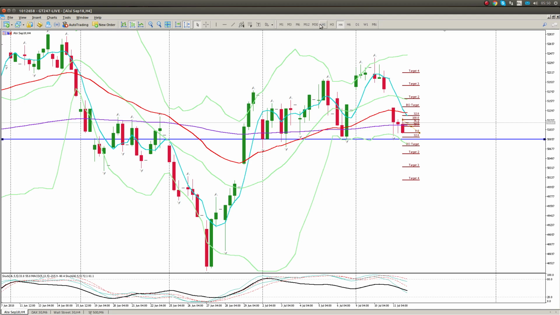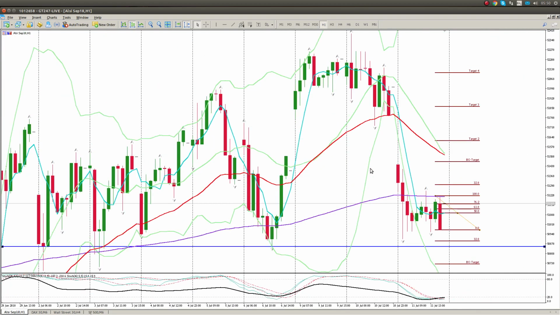Okay. So what are we looking to play today? I'm looking for a break of the 200 moving average on the hour, which would pretty much be the range break as well. So let's put a line in here. We're looking for a break above this level here, which is 51,220.